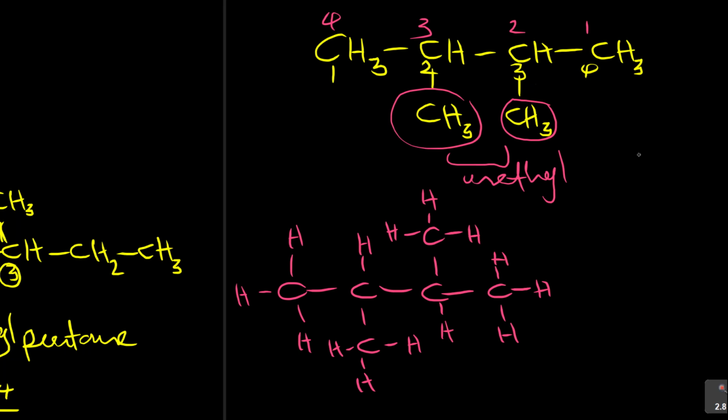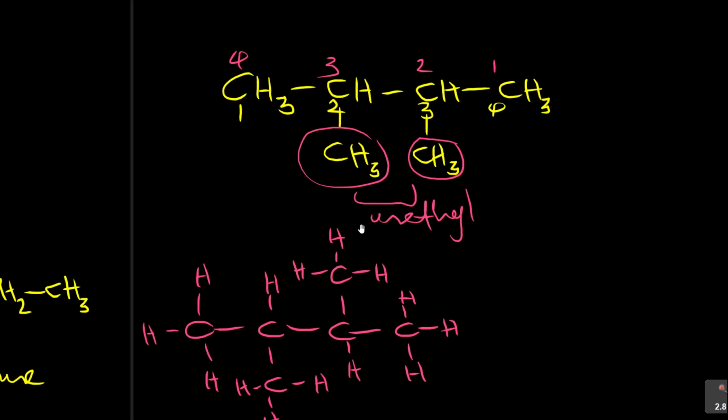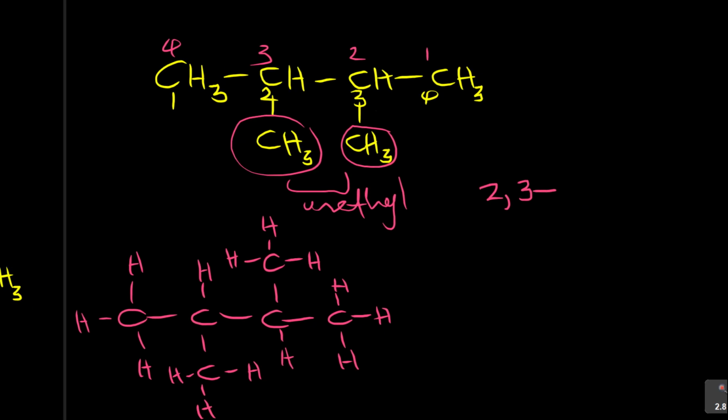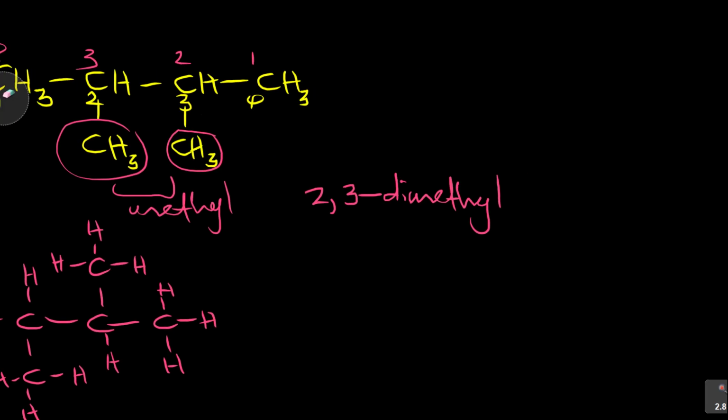So what do you call this? The name of this compound: in carbon number 2 we've got a methyl, comma, in carbon number 3 we've got another methyl, then you put a hyphen because there are 2, we call them dimethyl. What? The longest chain is 4, then it becomes butane.